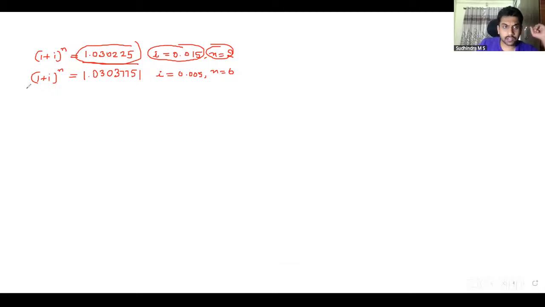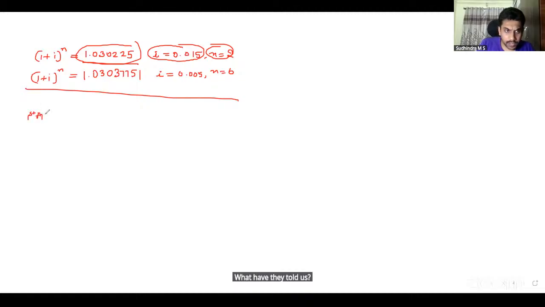Fine. We'll discuss this. Now, what have they told us? On 1st of April 2025, that person opened an account with a deposit of 800 rupees, and that account was paying interest at 6% compounded quarterly.